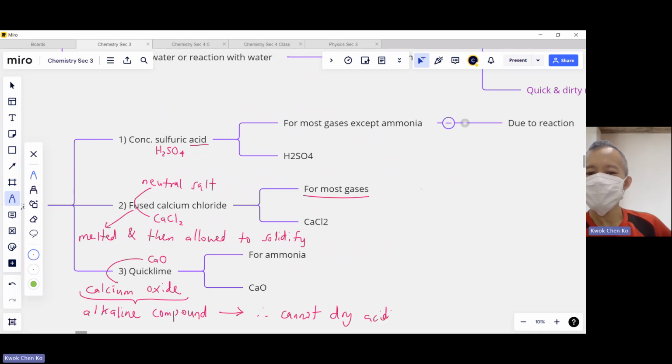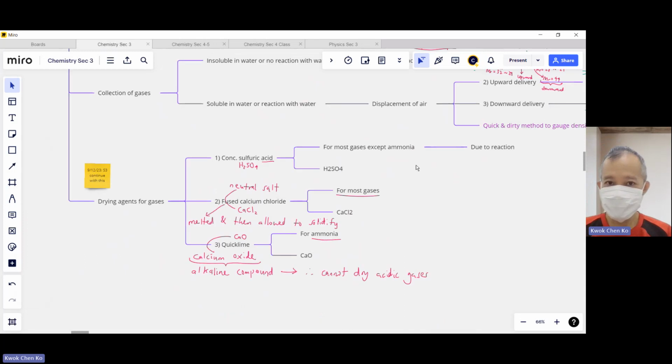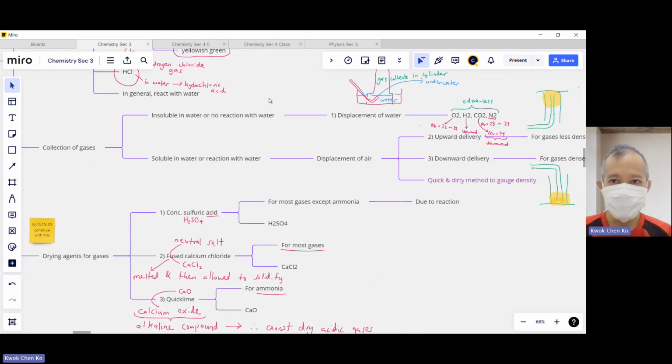Most of the time, you only use it to dry ammonia, which is alkaline, by the way. But how does it look like? Last thing already. I didn't draw it out. Let me show you.